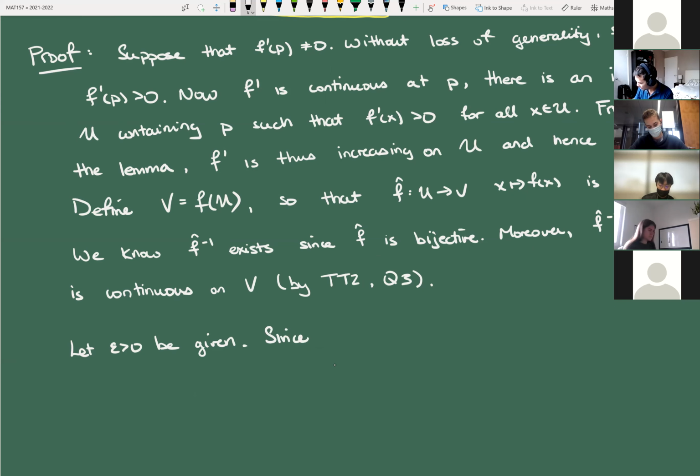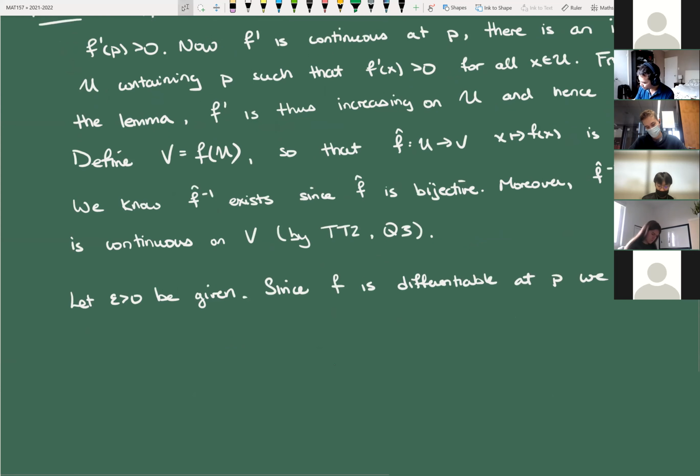Okay, so since f is differentiable at P, we know, all right, here I'm going to write down something a little bit weird, and then we're going to make sure that everyone's okay with it. I'm going to do the x approaches P definition: the limit of (x minus P) over (f of x minus f of P) is equal to 1 over f prime of P. Okay, so that's weird, right?